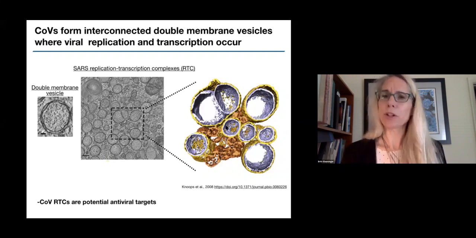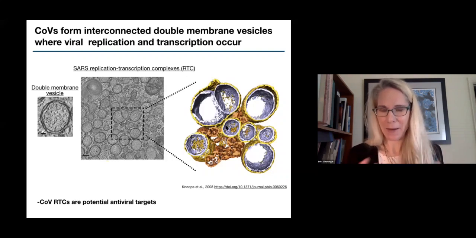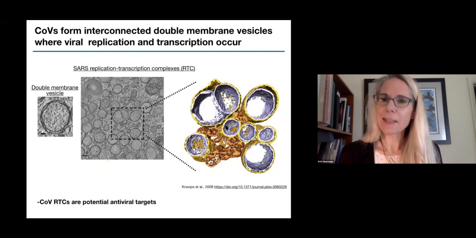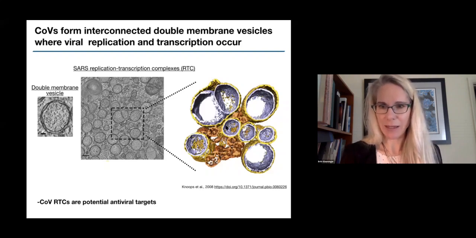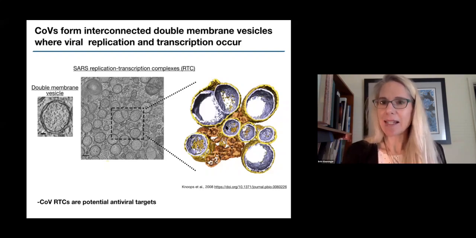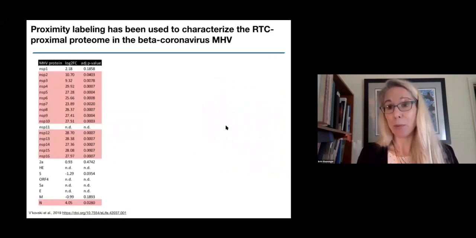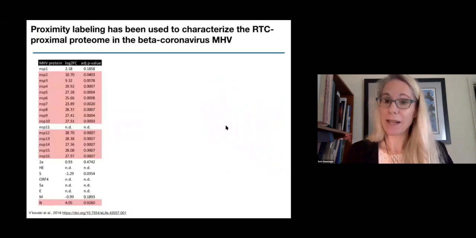So there's been some work to try and figure out how these are made and what proteins are in them, using things like proximity-based labeling, BioID-type labeling approaches to explore what is present there.